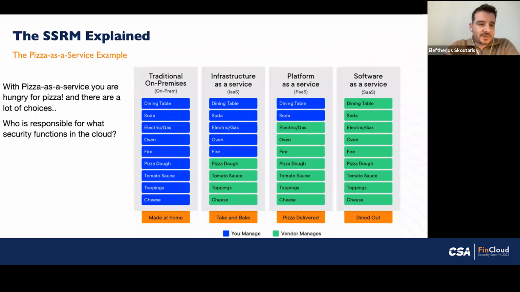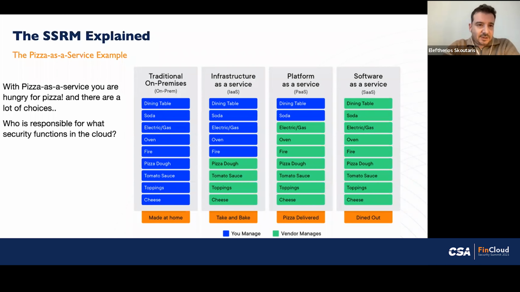So in what aspects of security as a cloud customer would I be responsible, right? This line of demarcation, as one would expect, is different depending on the type of the provider and the cloud service representation.